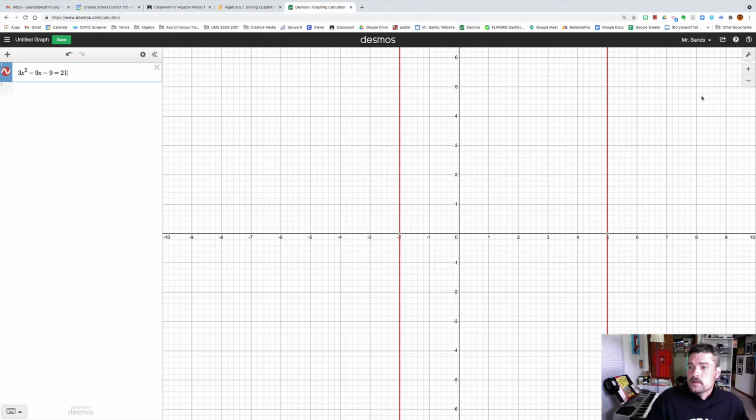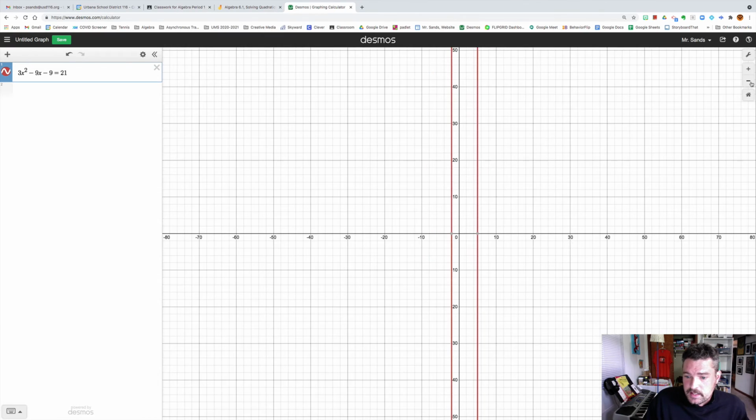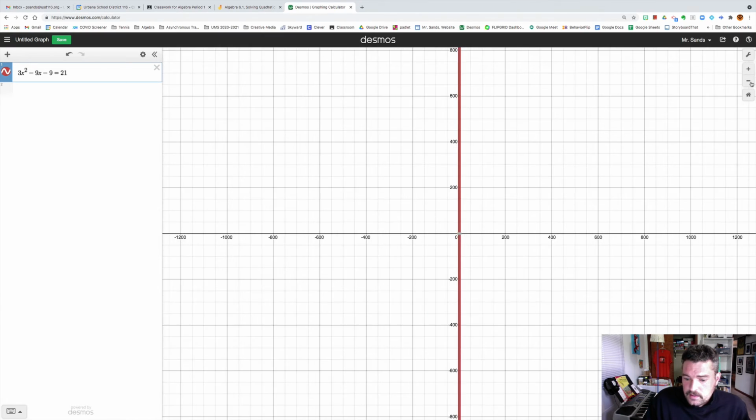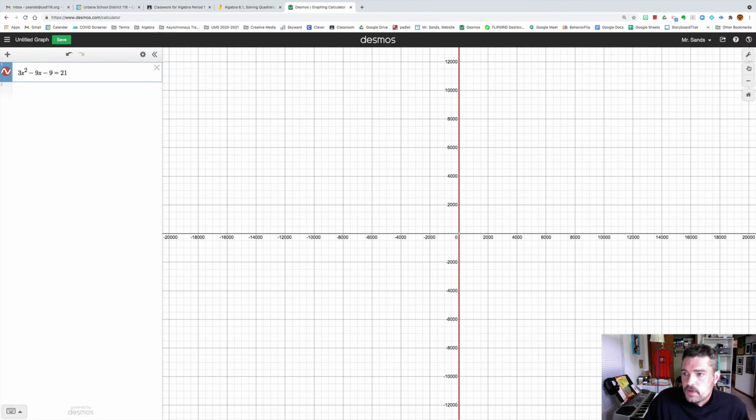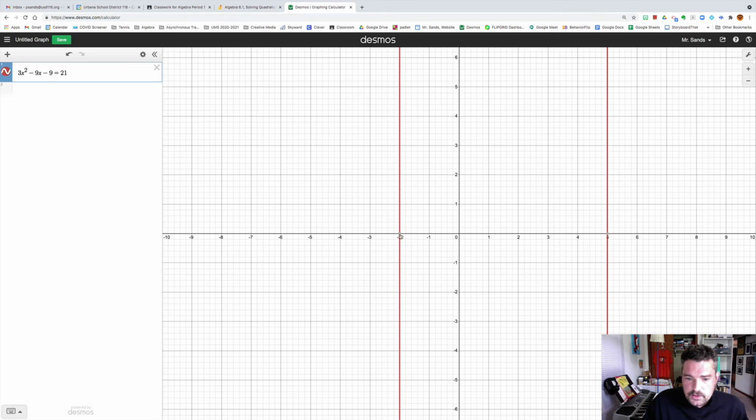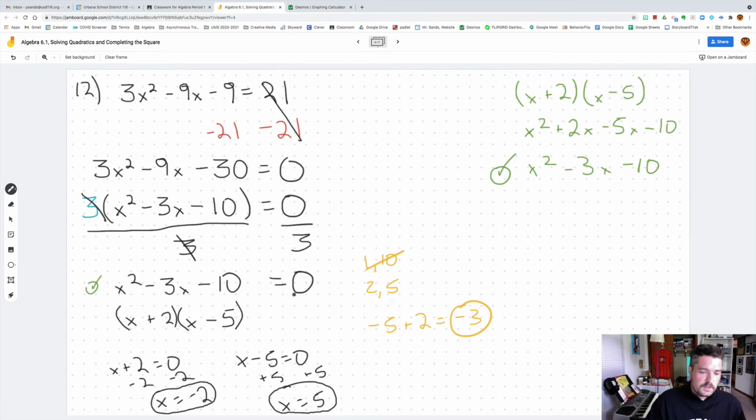Yeah, hey, it does. So I could zoom out and I could see that's a really big parabola, but it does cross at negative 2 and 5, just like I thought it would. So negative 2, 5. Looks like I was correct.